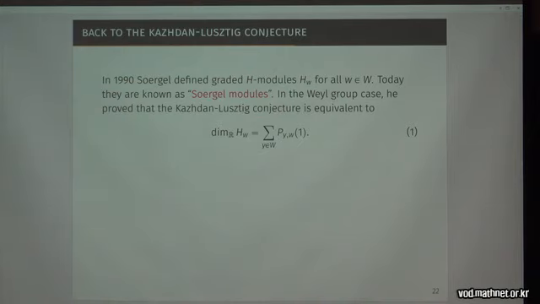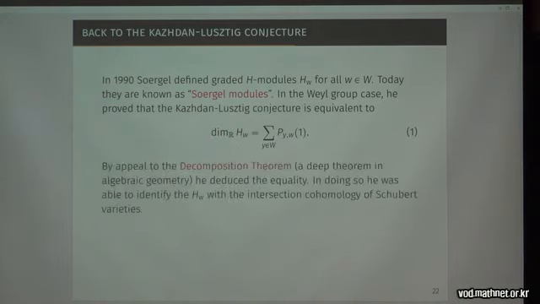Okay, very precise. And somehow both sides of this are inductive, and so this is rather difficult to establish. And he used this decomposition theorem basically to show you that if you have very sophisticated tools in algebraic geometry, then these are isomorphic to certain cohomology groups of Schubert varieties.